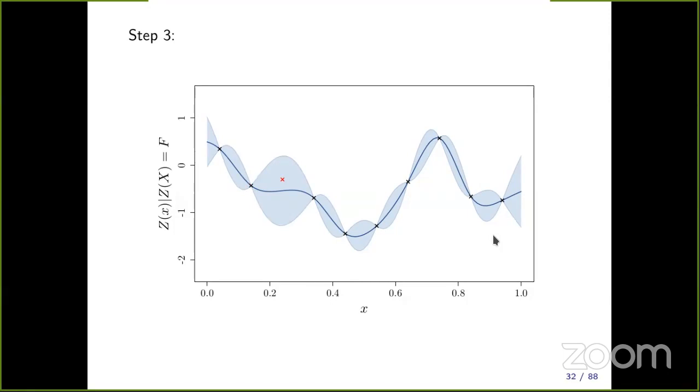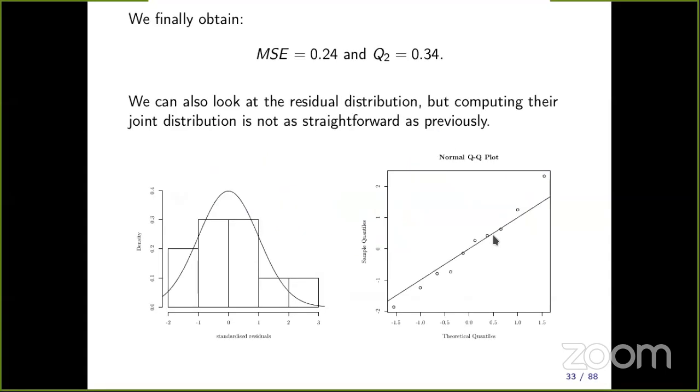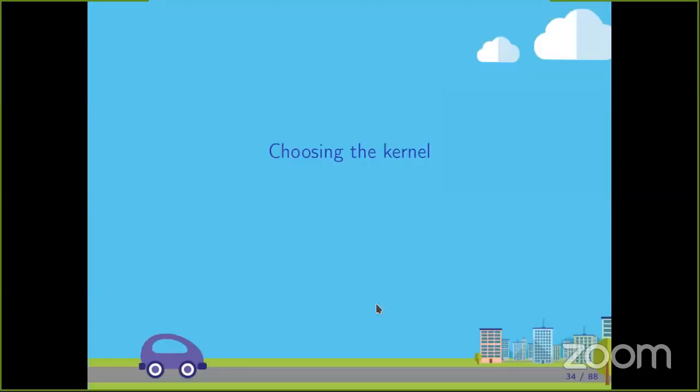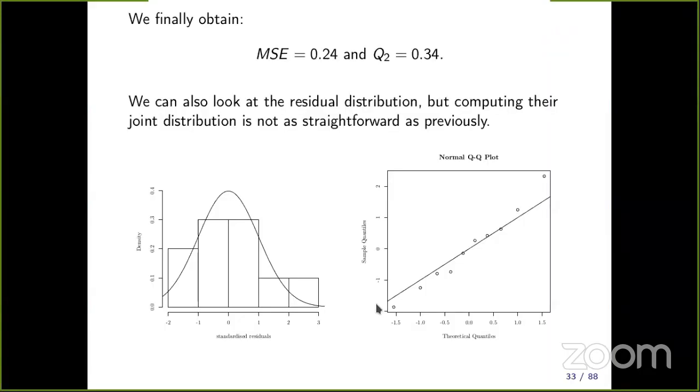Both of them are valid things to do, they are just not testing the same thing. And as before, we can compute the mean square error, or we can compute the standardized residuals and see if it makes sense. Okay, any questions on model validation?